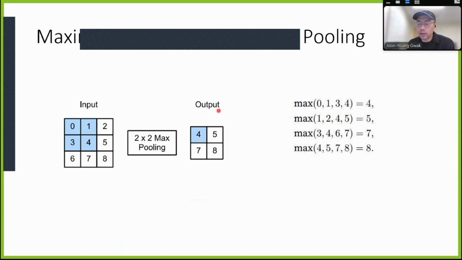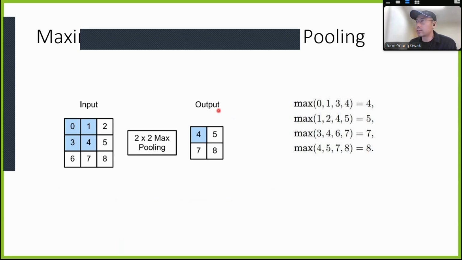Another aspect is that when you apply deep learning or a convolutional neural network, you want to learn nonlinear patterns instead of just linear patterns.